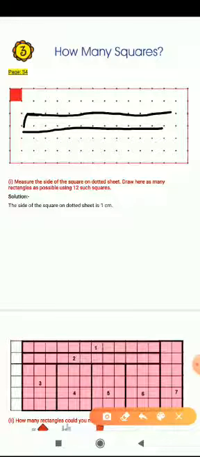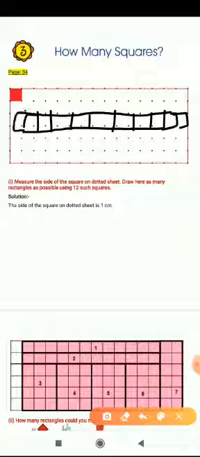You have to draw on this dotted line. Okay, 1, 2, 3, 4, 5, 6, 7, 8, 9, 10, 11 and 12. I am drawing over here roughly diagram so you can understand.